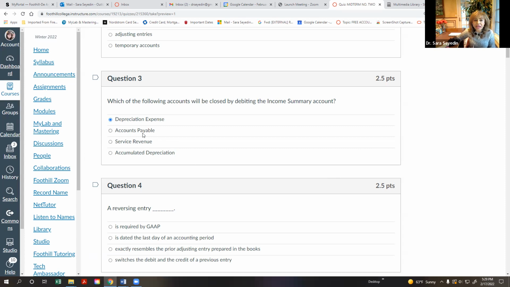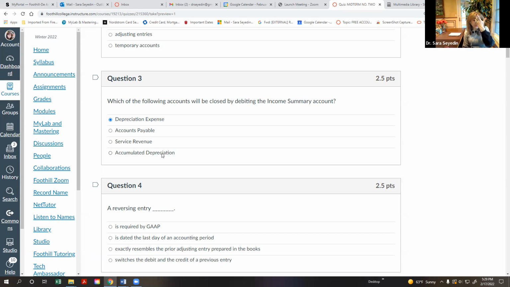The rest of them, accounts payable should never be closed. Accumulated depreciation should never be closed, because those are permanent accounts. They are not temporary accounts. We only close temporary accounts. And temporary accounts are all the accounts that appear in the income statement, and one account that appears on the balance sheet.